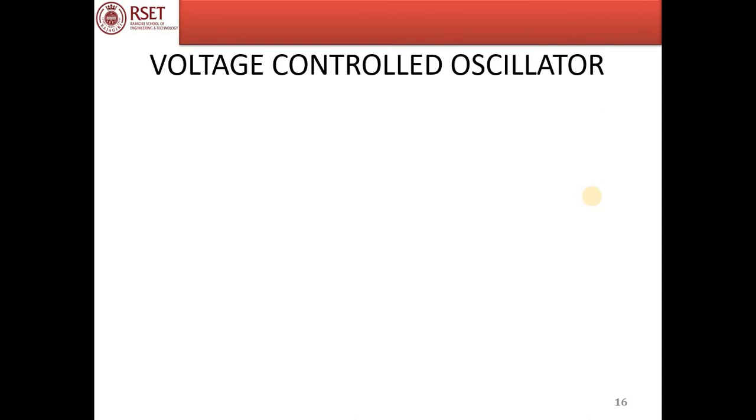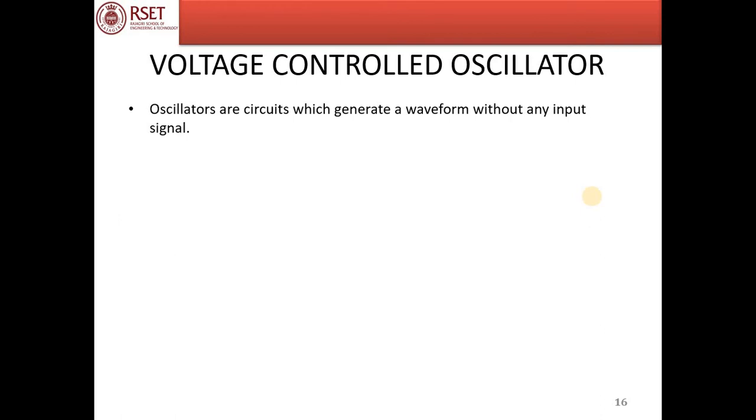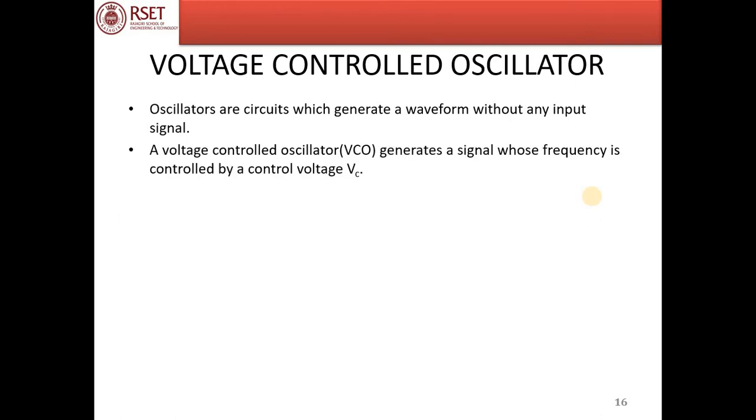So what is an oscillator? An oscillator is any circuit which can generate a waveform without any input signal. A voltage controlled oscillator generates a waveform whose frequency is controlled by a control voltage VC. We can also call VC a modulating voltage. So frequency FO of the oscillator is proportional to VC.